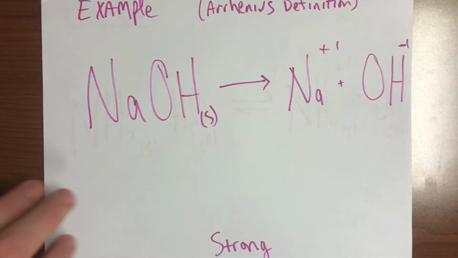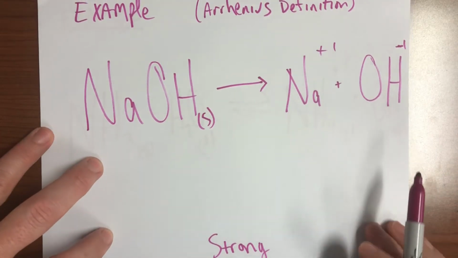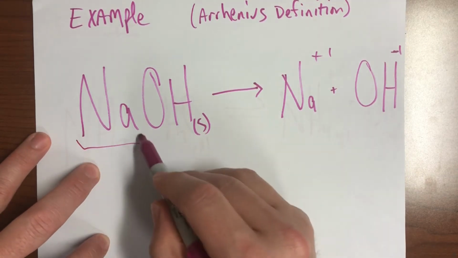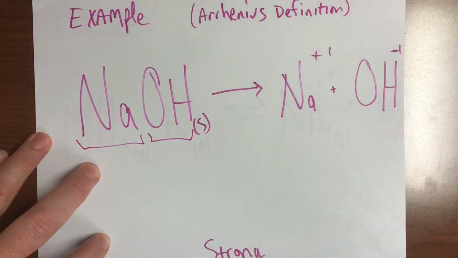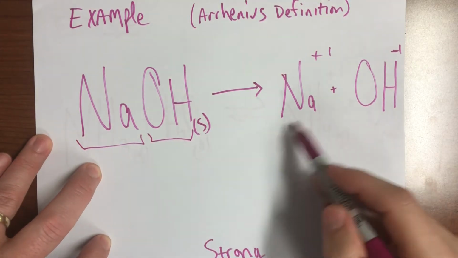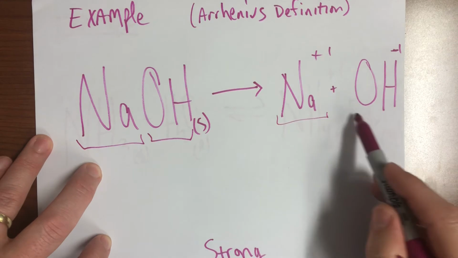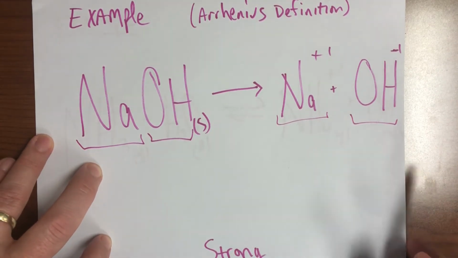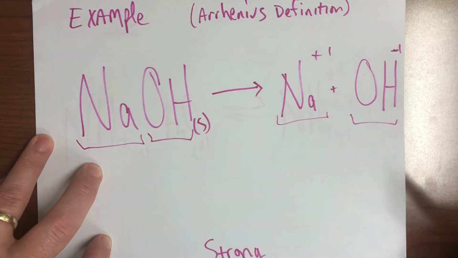Now what about bases? So the most common bases are simply your alkali metal with a hydroxide. And if I put sodium hydroxide into water, it will dissociate, break up into sodium ion and hydroxide ion. Now you see we don't see a hydrogen being transferred here.